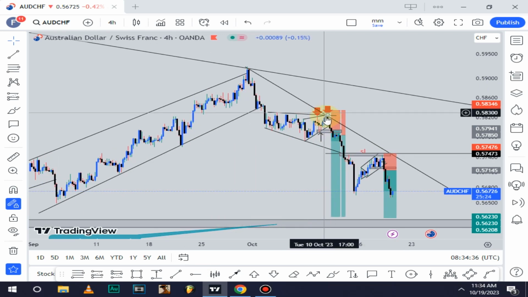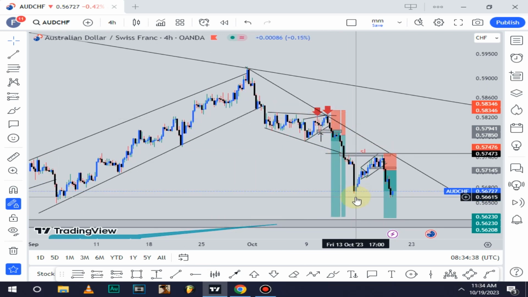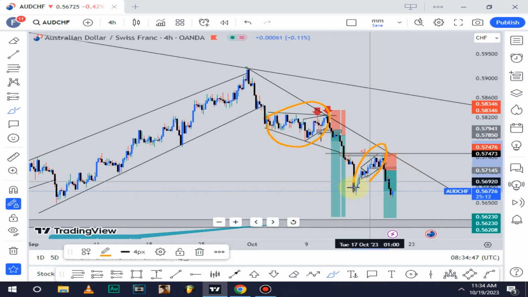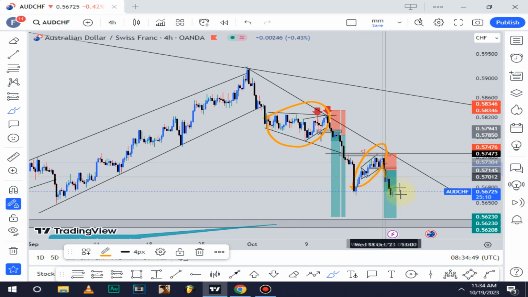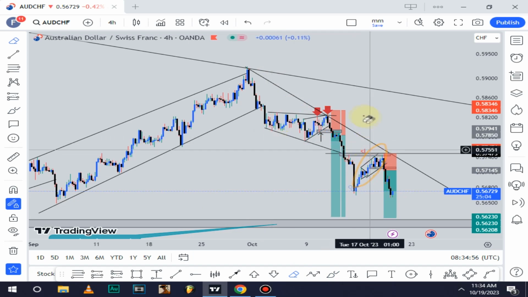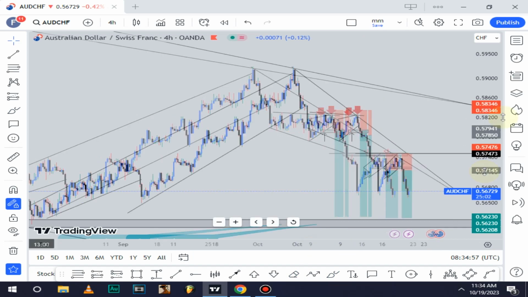Look at this push, that is an impulse. But when the market was in a correction phase, you can see how dirty it was. But when it's time to move, there's nothing stopping the market. So you just need to identify this kind of market behavior before making your entry decision.